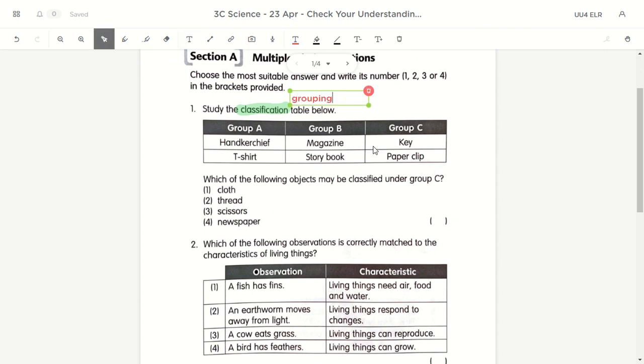Okay, so basically how I group the things in the table. Most importantly, when you see all these items in each group, find the similarity. Okay, so let's see what's the similarity within each group.